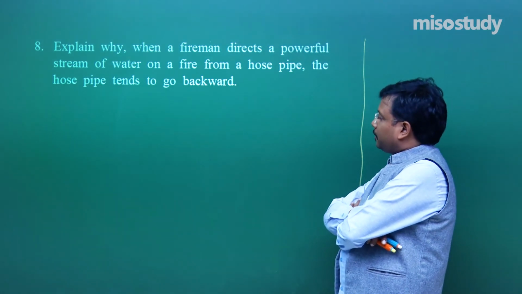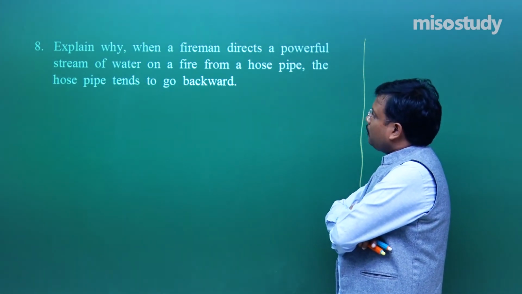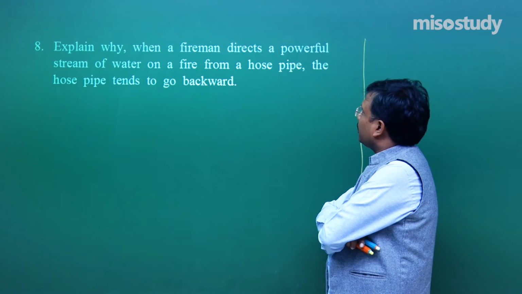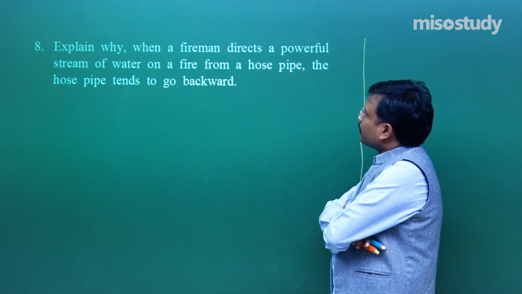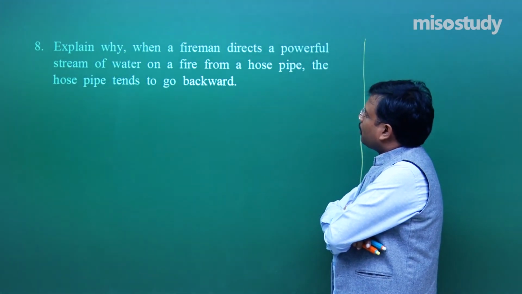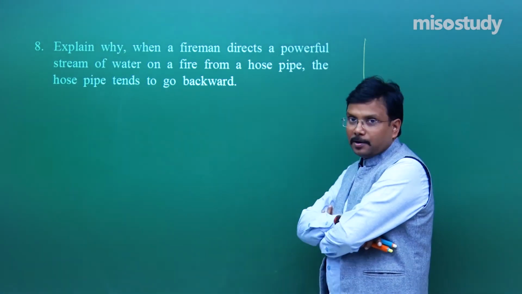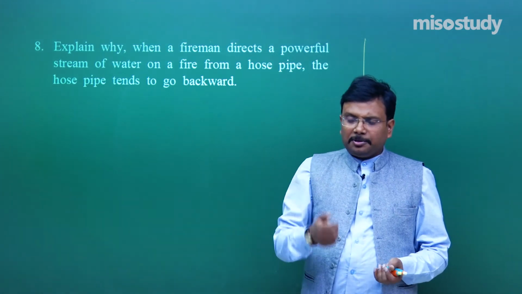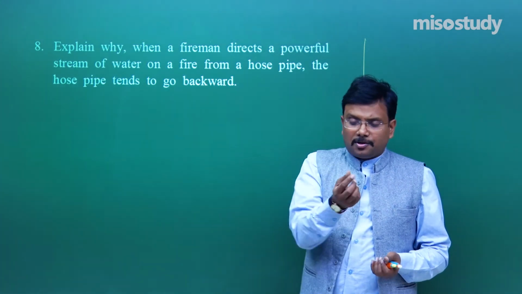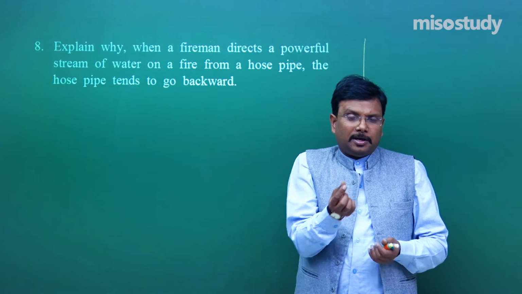Question number 8: why, when a fireman directs a powerful stream of water on a fire from a hose pipe, does the hose pipe tend to go backward? This is something you can sense using a small half-inch pipe that is normally used in households.